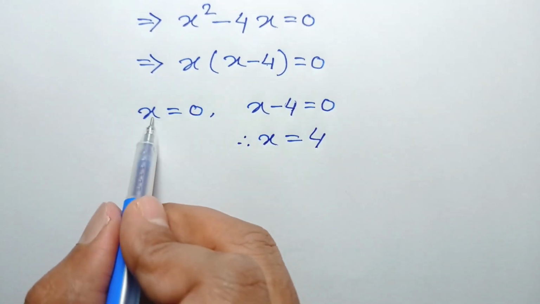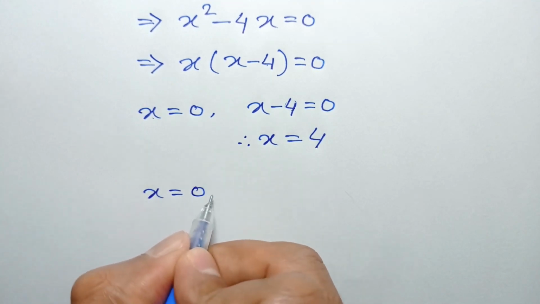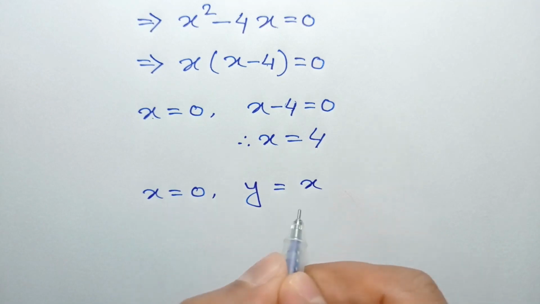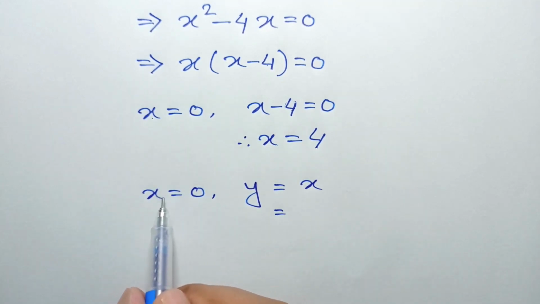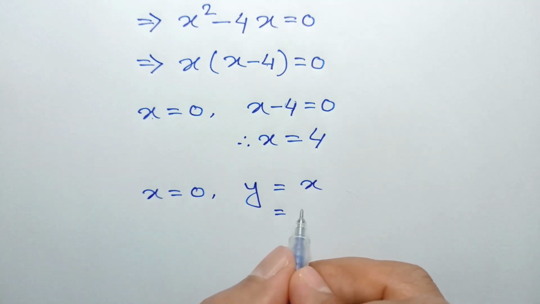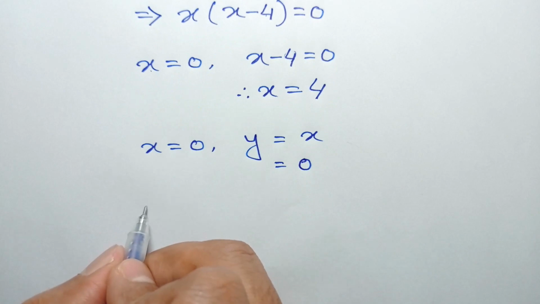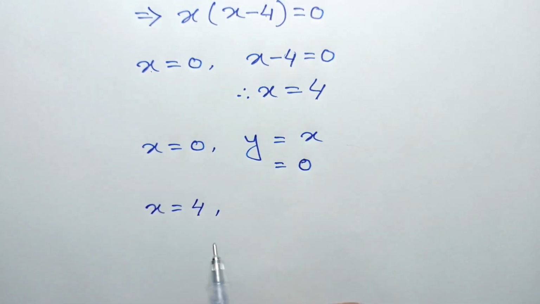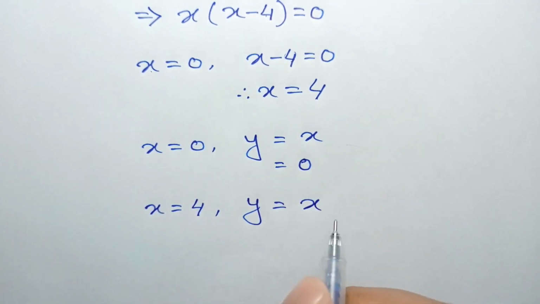Now when x is equal to 0, then from equation 3, y is equal to x, substitute the value of x is equal to 0 here, we will get y is equal to 0. And when x is equal to 4, then from equation 3 y is equal to x.